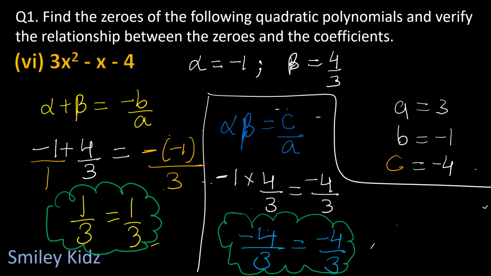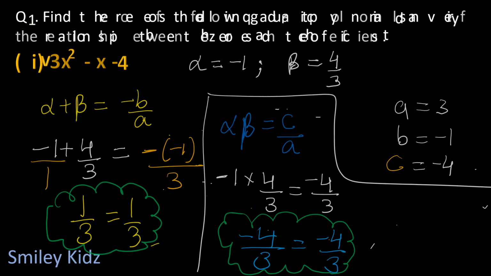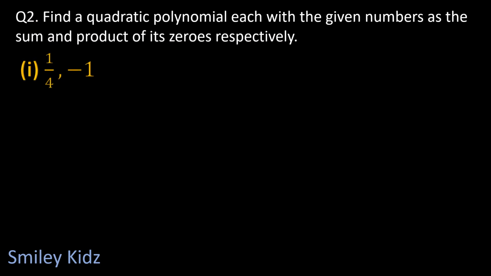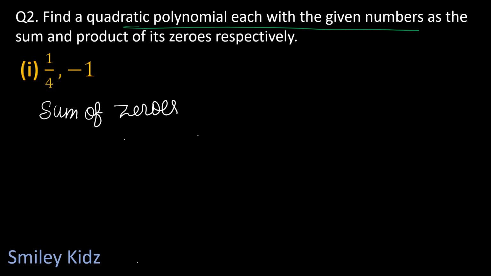Now moving on to the second one. So the second question says, find the quadratic polynomial each with the given numbers as the sum and the product of its zeros respectively. So here we are being given the sum of the zeros, that is alpha plus beta, as 1 by 4.